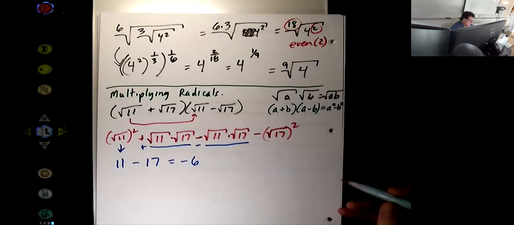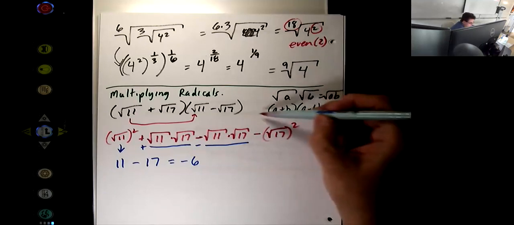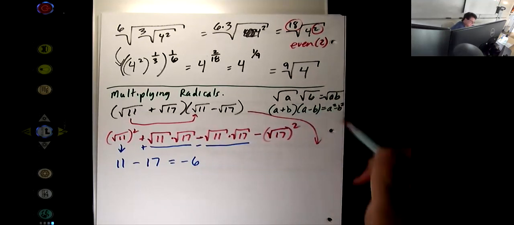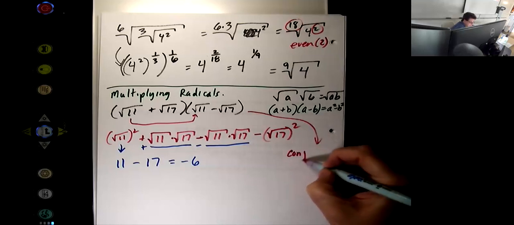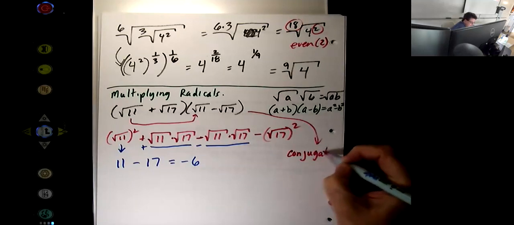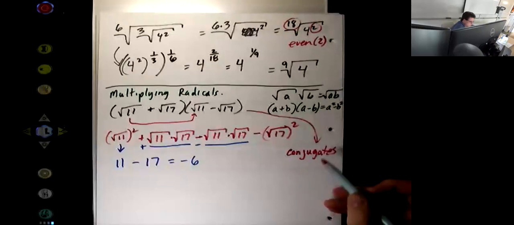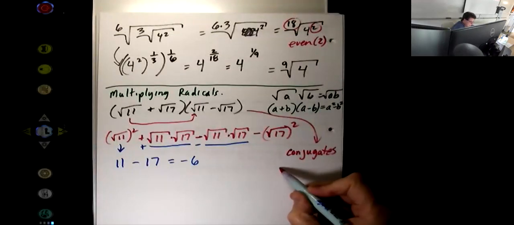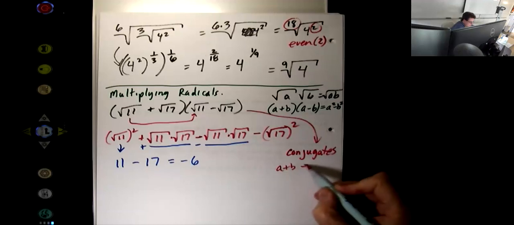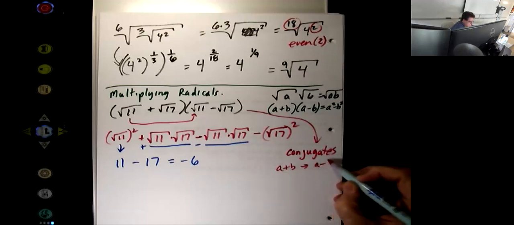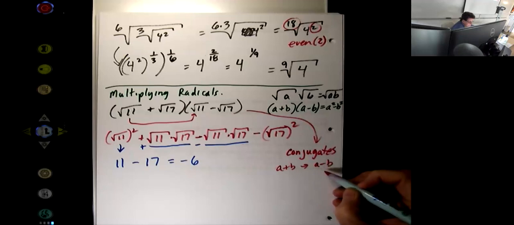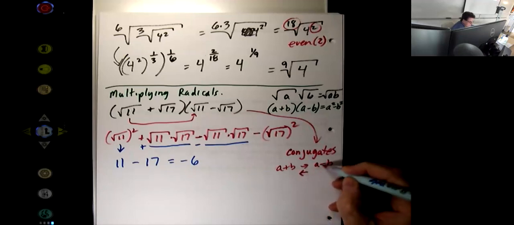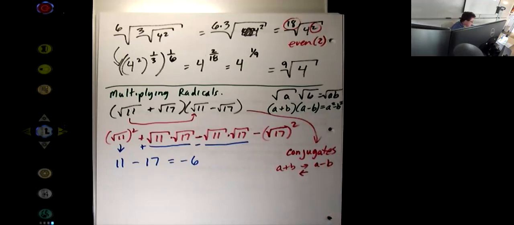It's all good. These two are called conjugates of each other. We'll have all sorts of conjugates, but it's where you have this same setup. The conjugate of A plus B is A minus B, and vice versa, the conjugate of A minus B is A plus B. We use this to solve problems, as you'll see in a little bit.